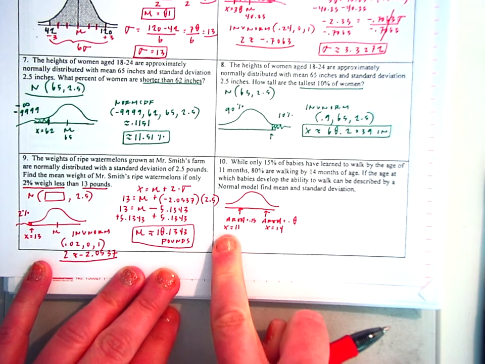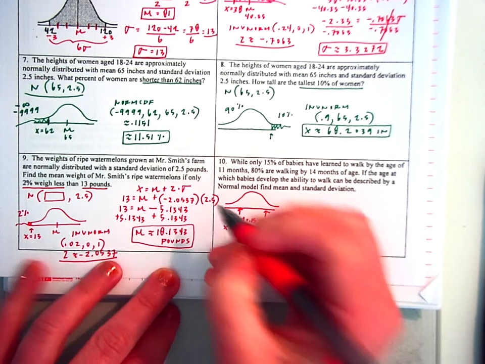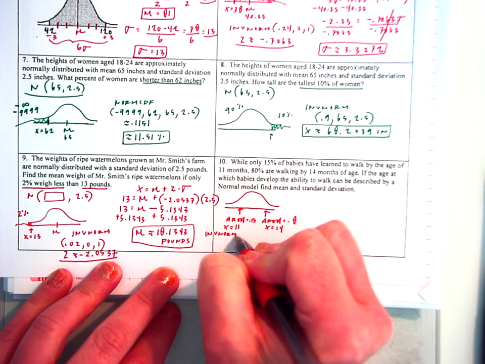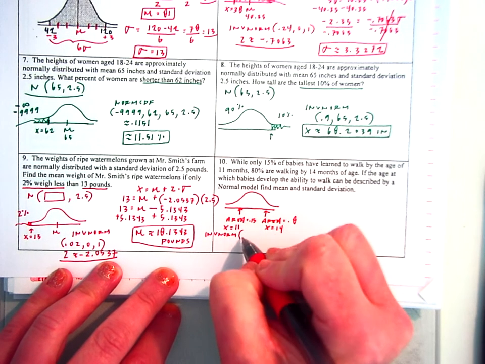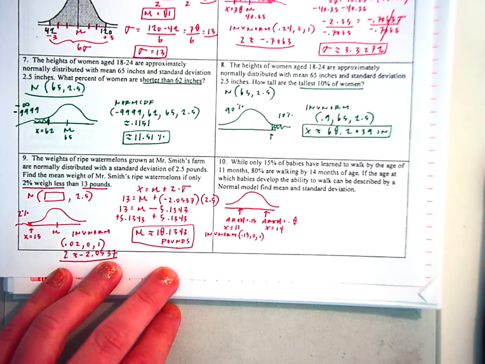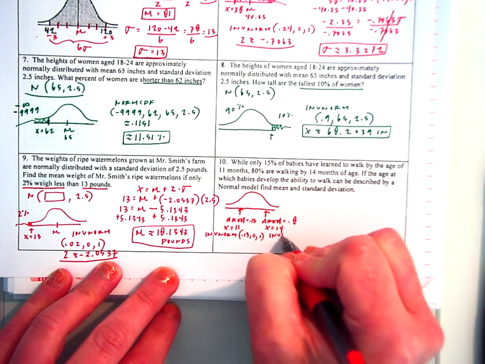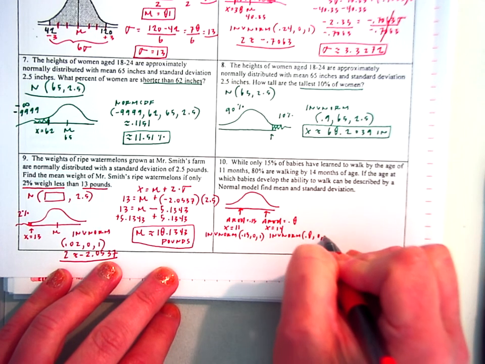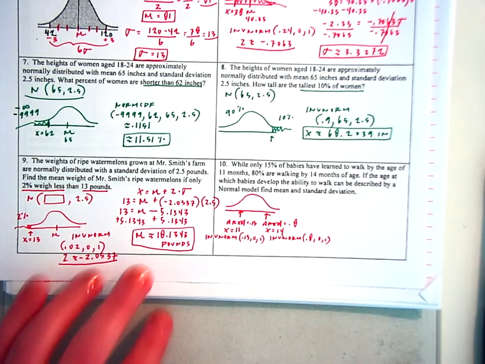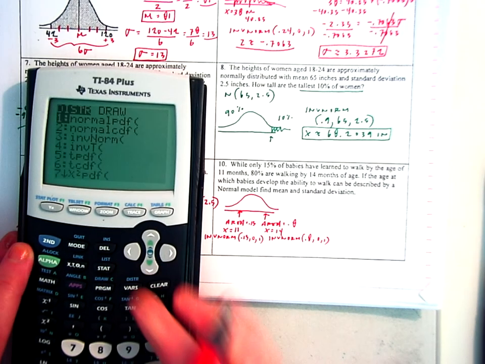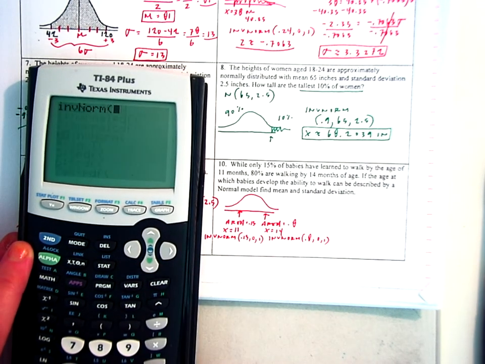So to find the z-scores, I'm going to use inverse norm. So I have inverse norm 0.1501. And here I have inverse norm 0.801. Okay, so let's get those z-scores. So inverse norm 0.1501.